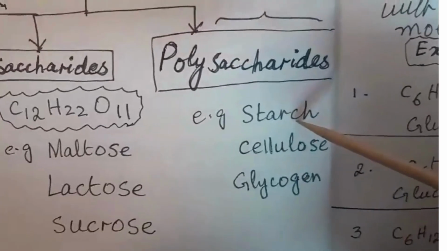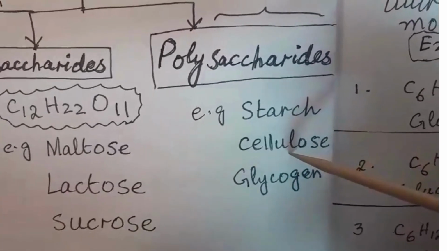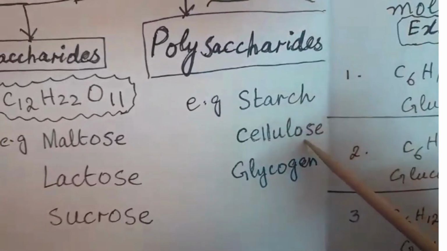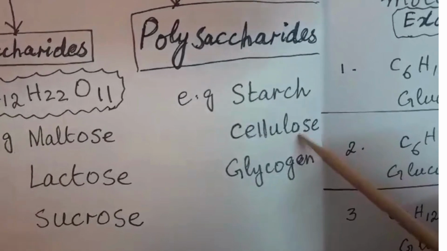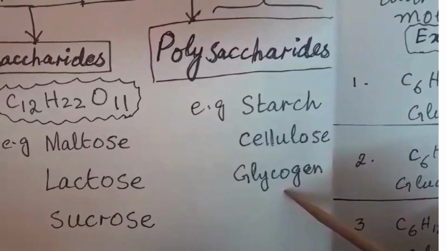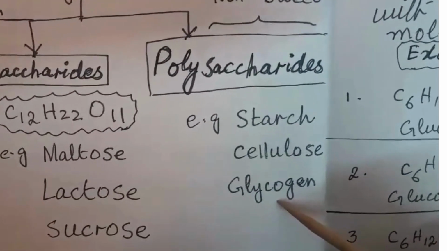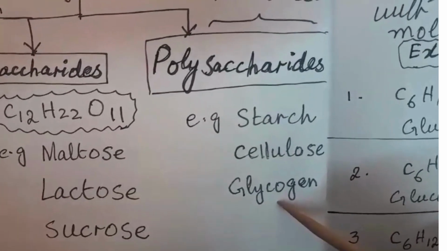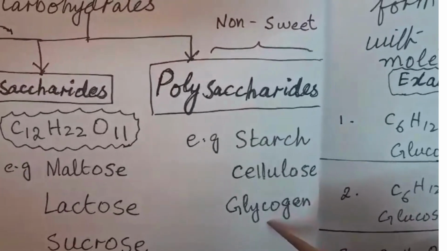Starch is present in plants, cellulose also in plants. It is the fiber, present in the cell walls of plants. Glycogen is present in the liver of animals and humans. Many glucose molecules combine together and make the glycogen molecule, which is a polysaccharide.